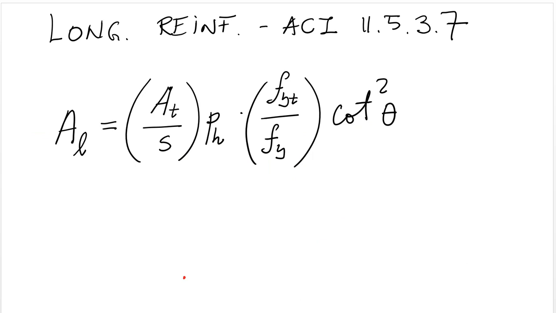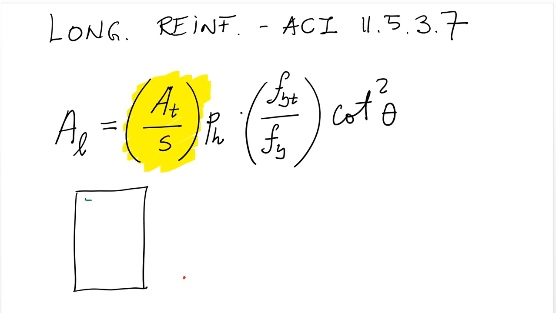And that formula can be found in 11.5.3.7, and it includes the area of one leg of transverse reinforcement divided by S, right? So that's this term right here. It also includes this term ph. What is ph? Ph is the perimeter enclosed by the transverse reinforcement.